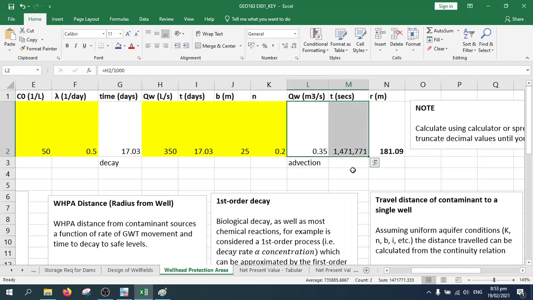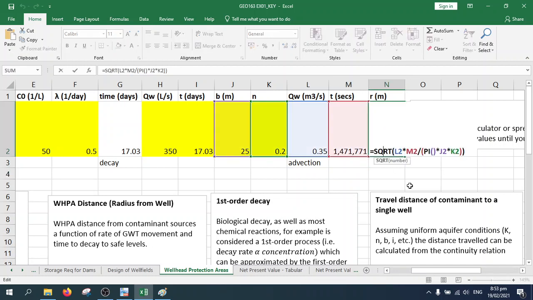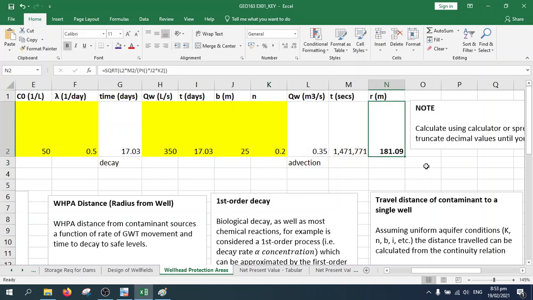You just have to convert some values, and then plug all those values into the equation. You get 181.9 meters. That should be the distance that your contaminant will travel before it reaches your wellhead. So that's quite a large wellhead protection area, about 200 meters.